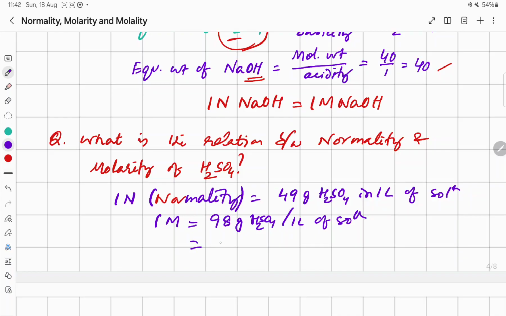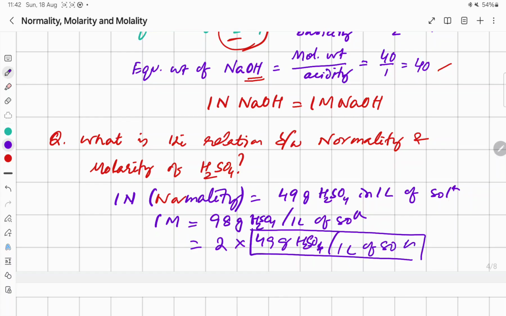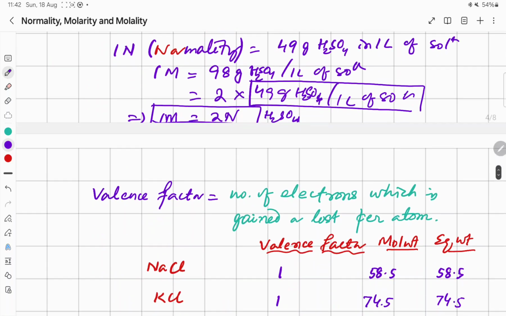So we can write this one as 2 into 49 gram of H2SO4 per 1 liter of solution, and we know this one is 1 normal, so 2N. So we can say that 1 molar H2SO4 is equivalent to 2 normal H2SO4. So in this way we can correlate the normality and molarity.